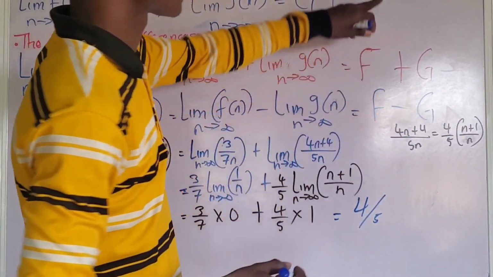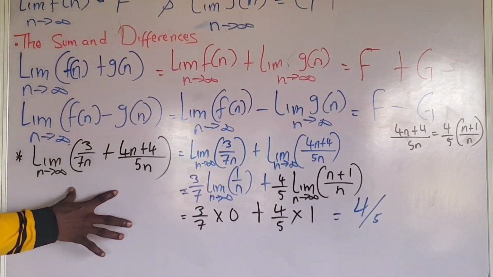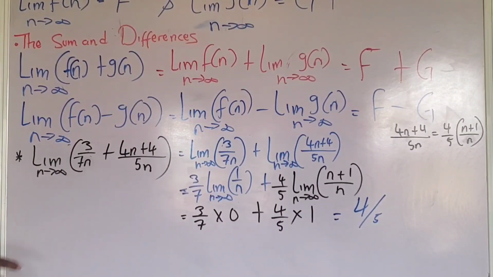Okay, make sure you try it and drop your answer in the comment section. Just approach it using the method that I used here. You're going to arrive at the right answer.